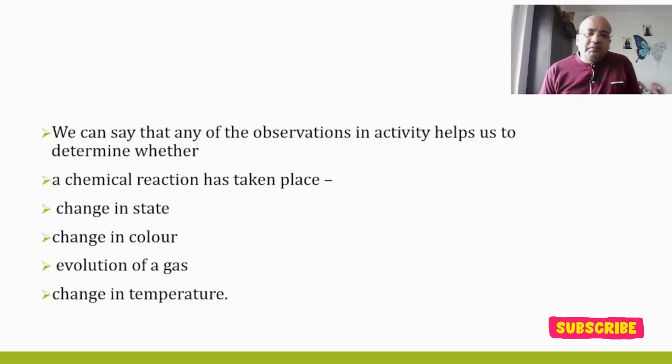How do we determine the chemical reaction has taken place? If there is a change in state, if there is a change in color, if some gas has evolved, or there is a change in temperature, right? All these factors suggest to us that there is a chemical change which has occurred.